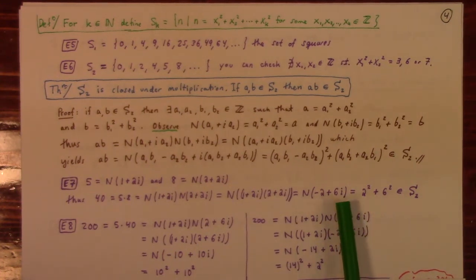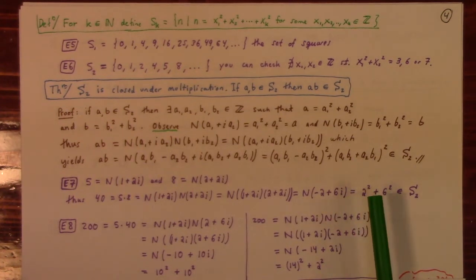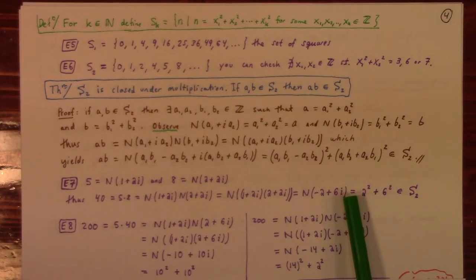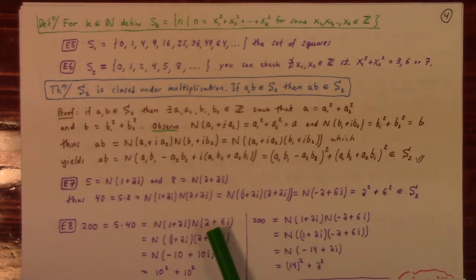And let's see here. Okay, down here: norm of 1 plus 2i times the norm of minus 2 plus 6i. So instead of doing the plus 2, I did the minus 2 like I had before, okay?